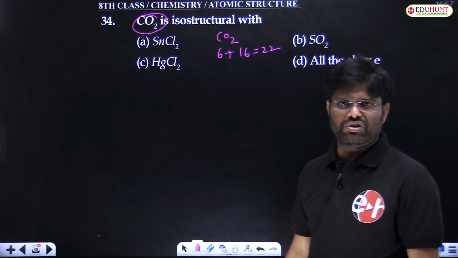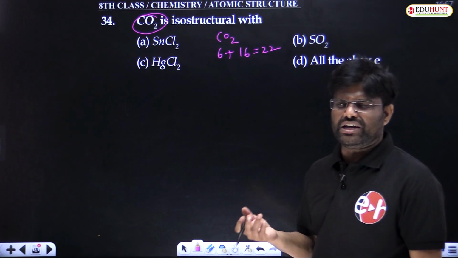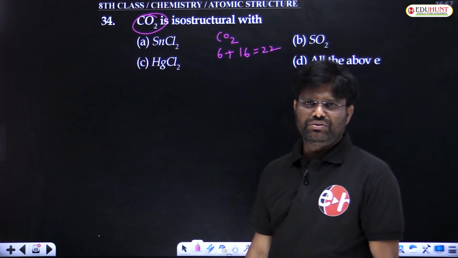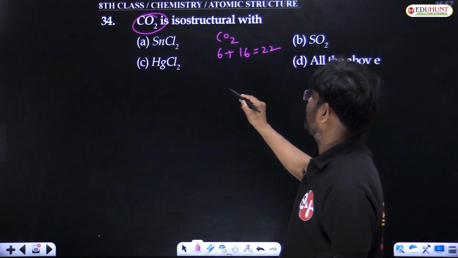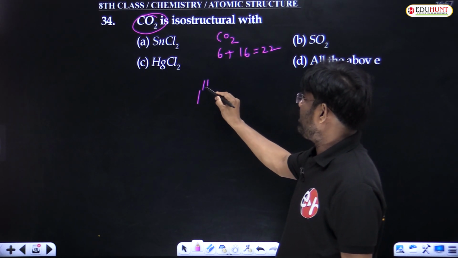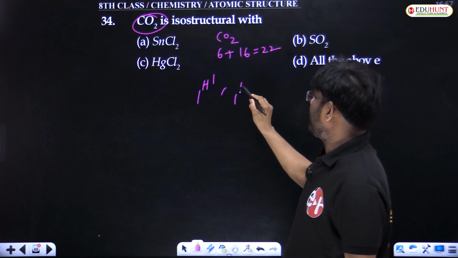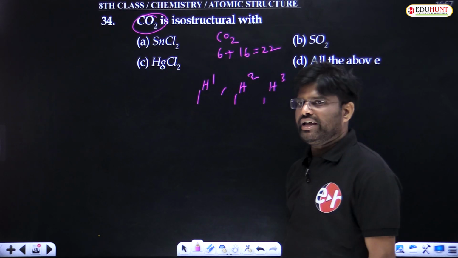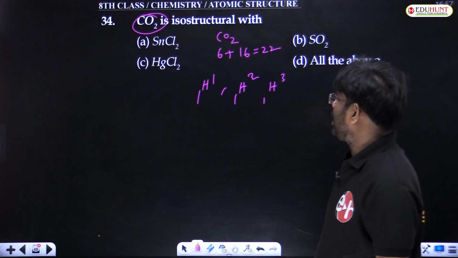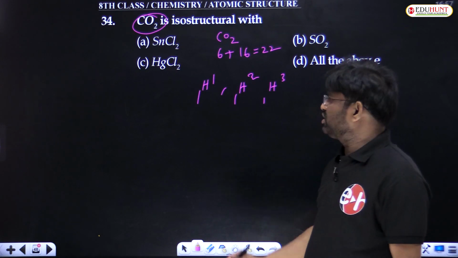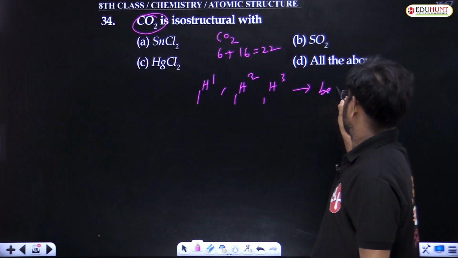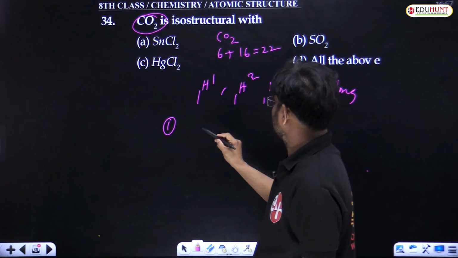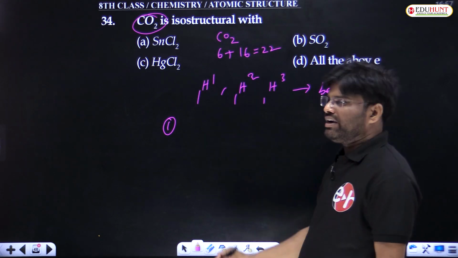Simple question only, I will give according to isotopes or isobars. So instead of this, you write this question: 1H1, 1H2, 1H3. What do these belong to?